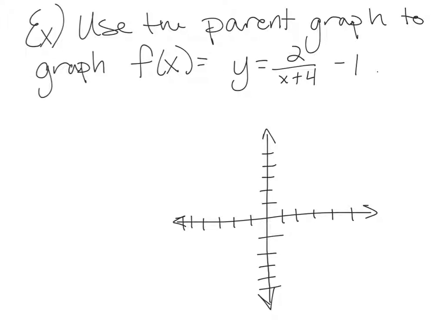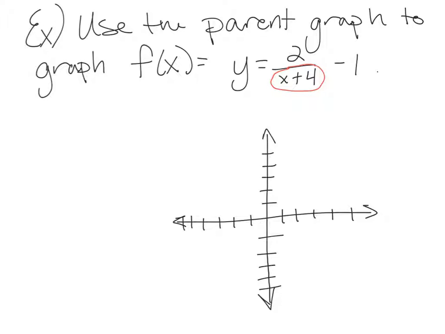Next example, we're going to use the parent graph to graph f of x equals, and really it's just y equals 2 over x plus 4 minus 1. That y really doesn't need to be there, but that is okay. So in order to graph this, first off we can talk about our translation.